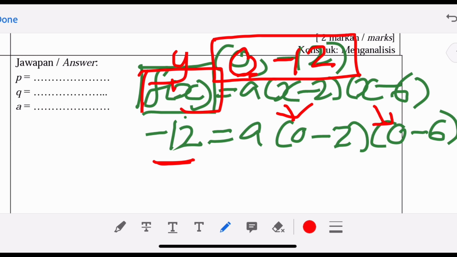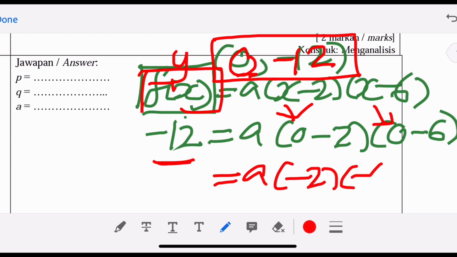So then you solve. Okay, we solve the bracket first. Negative 2, right? This is negative 6, right? Minus 2, and then minus 6, and -12. Right? So we try to solve for a. (0, -12). So p is 2, and q is 6.